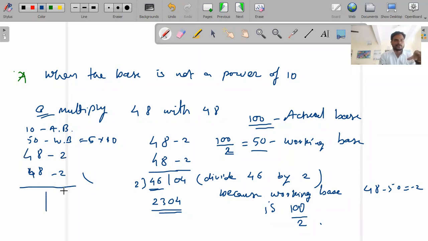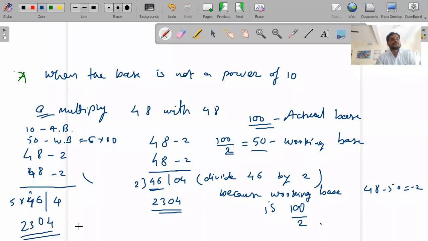Here also -2. So the answer is -2 into -2, 4. So write down just 4. And now 48 minus 2, yes, 46. Now this 46 you have to multiply with 5. Do the multiplication and give me the answer. 5 into 6, 30, 0 will be there, 3 will be carrying, and 5 into 4, 20, 20 plus 3, 23, and 4 as it is.